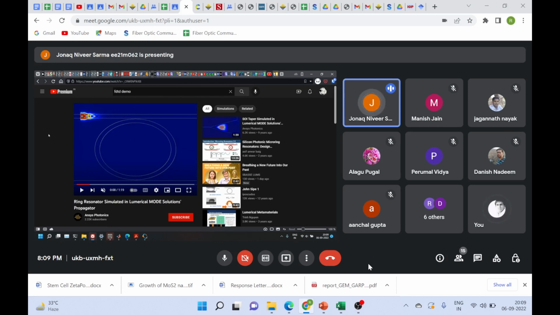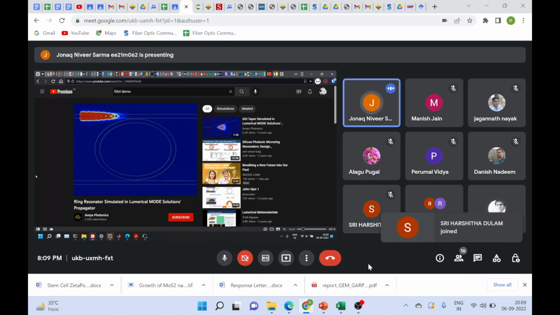These waveguides have refractive index 3.4 or something, and silica is 1.5. We're sending a pulse, and it gets coupled into the ring. This is a ring resonator, popular in silicon photonics applications.